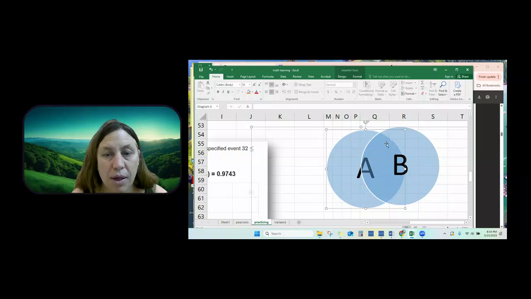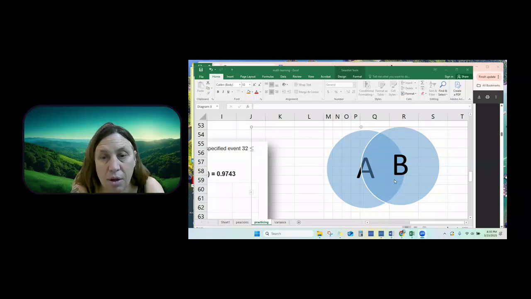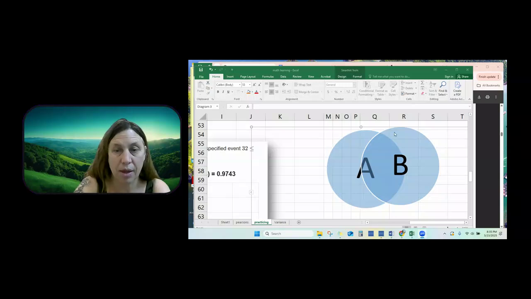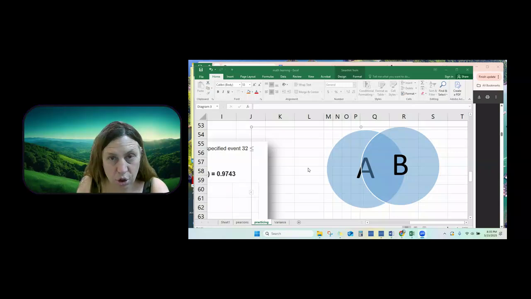The chance of it being in this little section here, A and B, is then going to be a quarter. You can kind of see that the space is approximately a quarter of the two spaces joined up. Here it looks like a third, but if you do the math, it's a half times a half. So 1 times 1 on top and 2 times 2 on the bottom is a quarter.